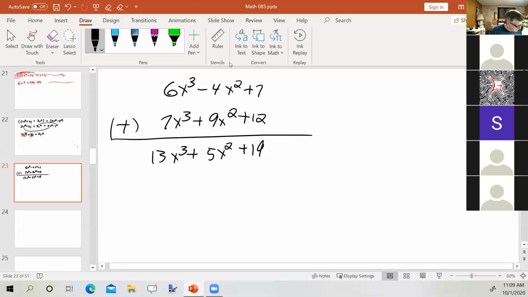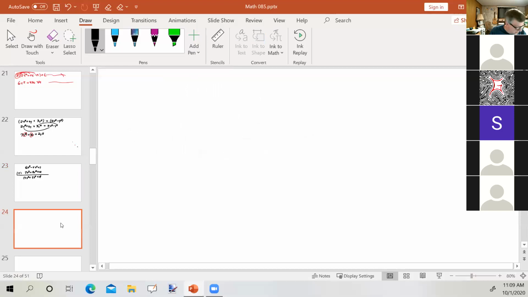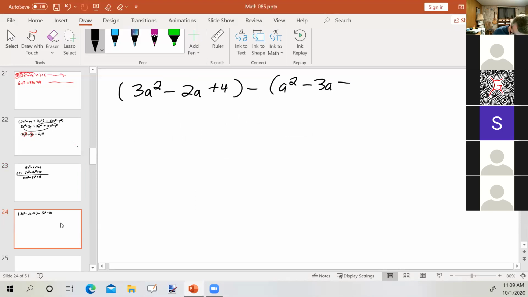Okay, now let's take a look at subtraction. This is where things get a little more complicated. Let's say we've got 3a squared minus 2a plus 4 minus the quantity a squared minus 3a plus 7.